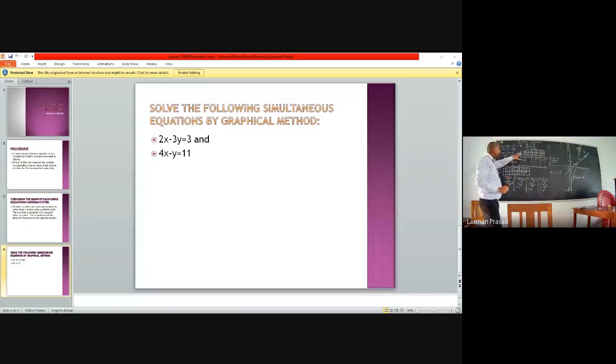See, if the value of x is 5, then the value of y is 9. So this is 5, this one is 9. You put a point at 5, 9.